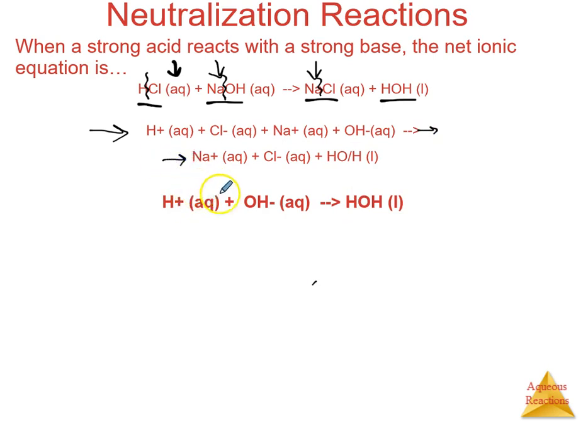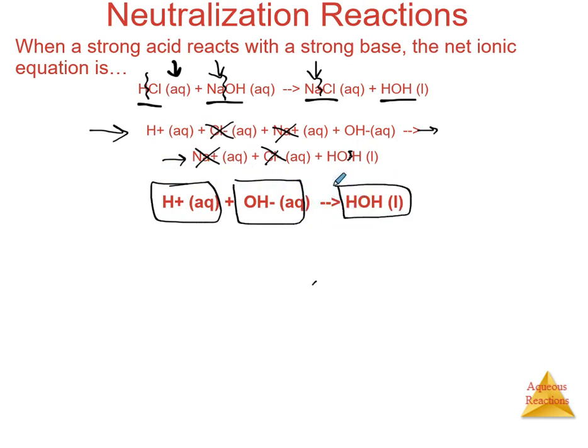So I'm going to eliminate everything that's on both sides of the arrow, or in this one, what's on top and bottom. You have Na plus right here. You have Cl minus up here and here. But you don't have H plus in the top and the bottom. It's only in the top, and same with OH. So you end up with H plus being left over, OH minus that is left over, and just water as a liquid.